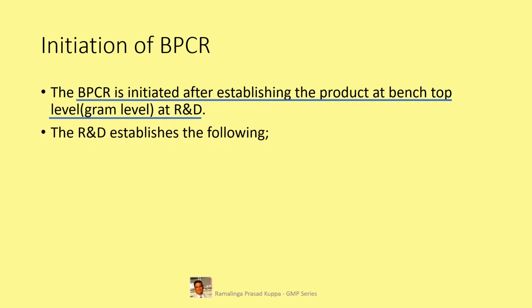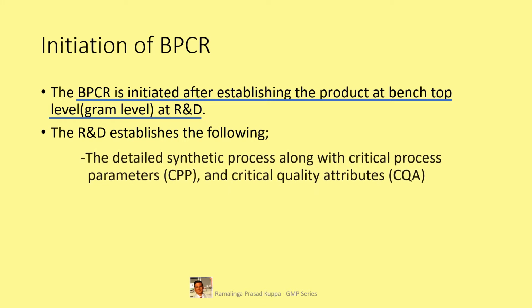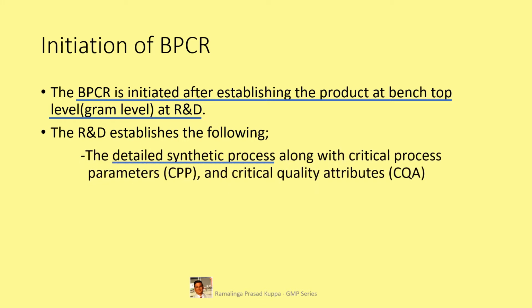The R&D establishes the following: the detailed synthetic process along with critical process parameters, CPP, and critical quality attributes, CQA. During development, the R&D establishes the detailed process steps along with CPP and CQA.